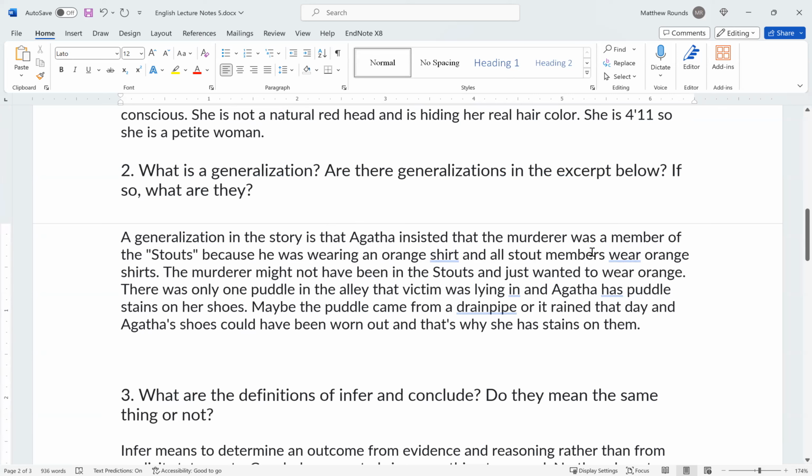So I think members where the murder might have been in the Stouts, where orange was only a puddle on the eye the victim was lying in. Agatha has puddle stains all over her shoes. Or it rained that day. Agatha's shoes could have been worn out.